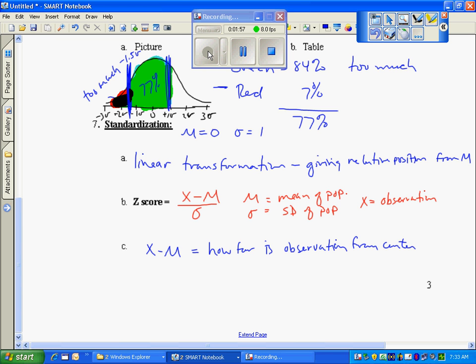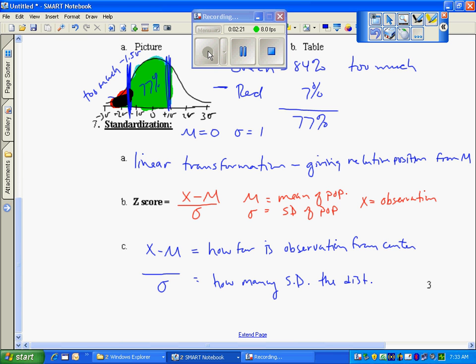It's telling me, am I to the right? It would be positive. If I'm to the left, it would be negative. And how far is it? Then what we need to do is divide this by the standard deviations. And what that tells me is, in this distance, how many standard deviations the distance is.